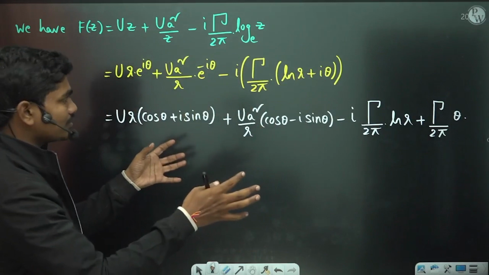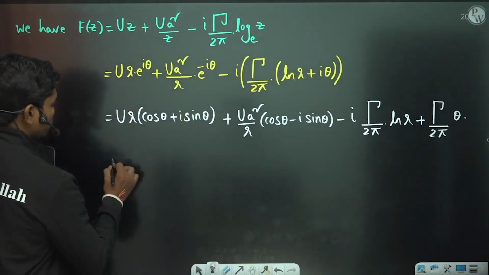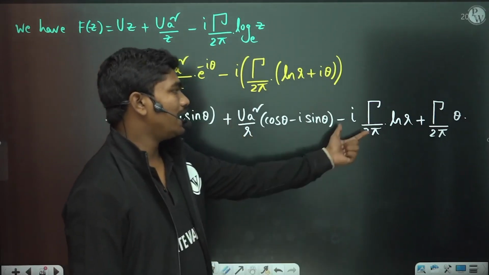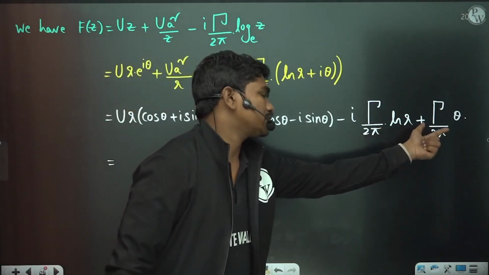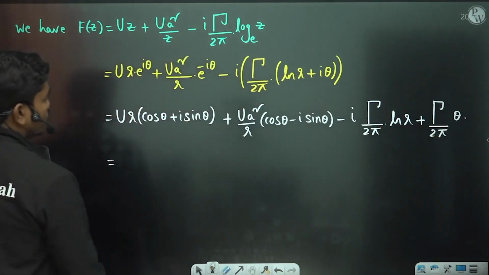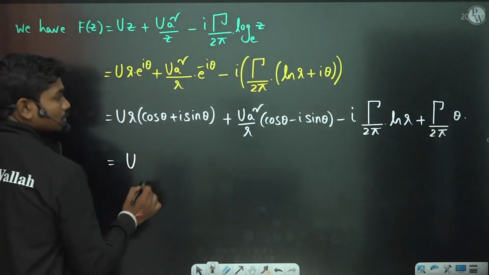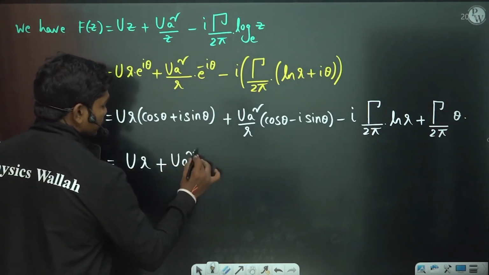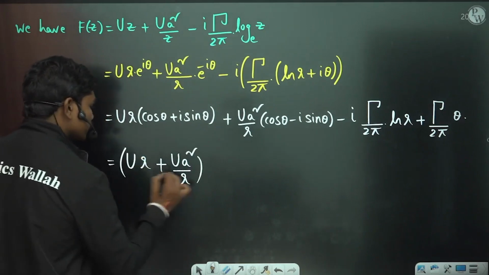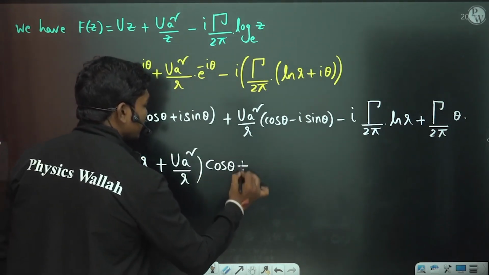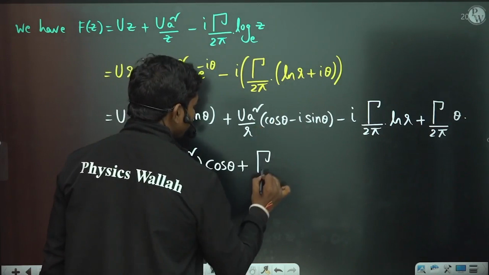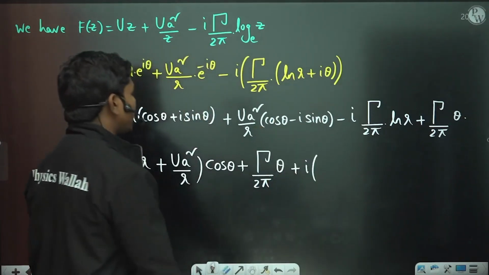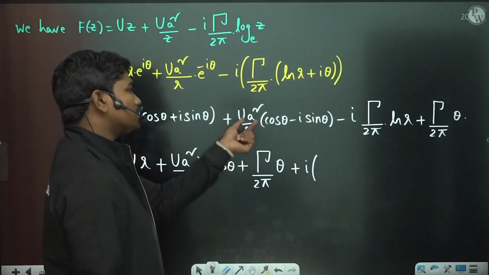Now if you segregate the real terms and imaginary terms, we get the real terms: u r cos theta, u a square by r cos theta, and circulation by 2 pi times theta. This can be written as u times (r plus a square by r) times cos theta, plus circulation by 2 pi times theta, plus i times the imaginary part, which is u r sin theta minus u a square by r sin theta.